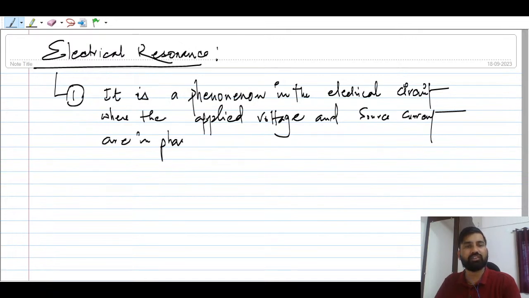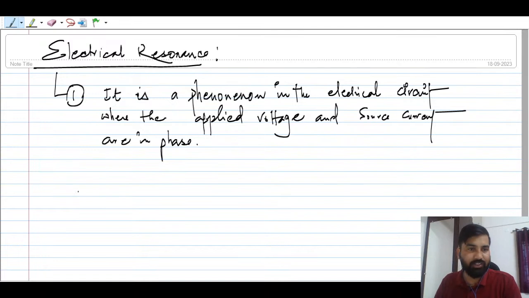This is the first and foremost definition that you have to keep in mind. Whenever there is resonance in the circuit, the voltage and current will be in the same phase, and the entire circuit is going to be a purely resistive circuit.